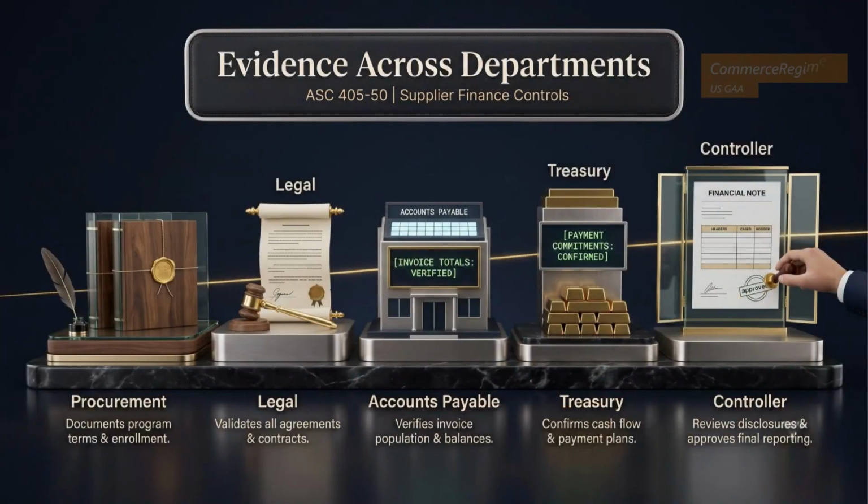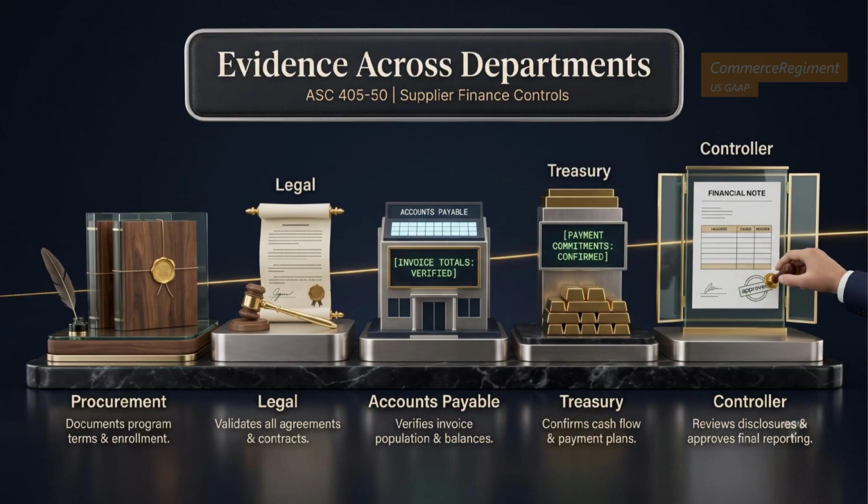Supplier finance controls must reach across departments. Procurement documents program terms, supplier enrollment, and confirmation protocols. Accounts payable validates the confirmed invoice population and the period end balance. Treasury confirms the finance provider agreement and buyer payment commitments.